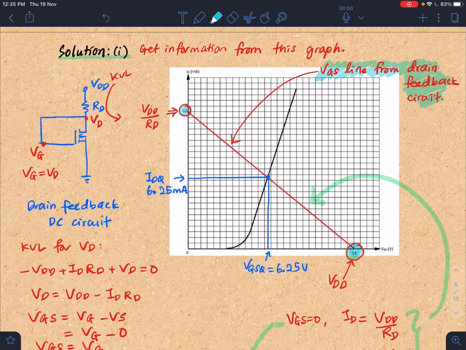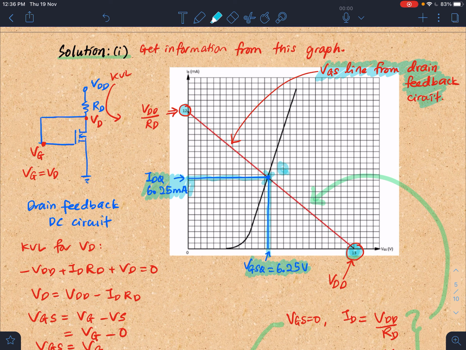From this line and the transfer curve, you can find the Q point here. Now we get VGSQ equal to 6.25 volt, and IDQ is 6.25 milliampere. These are the two pieces of information that you obtain from the graph.